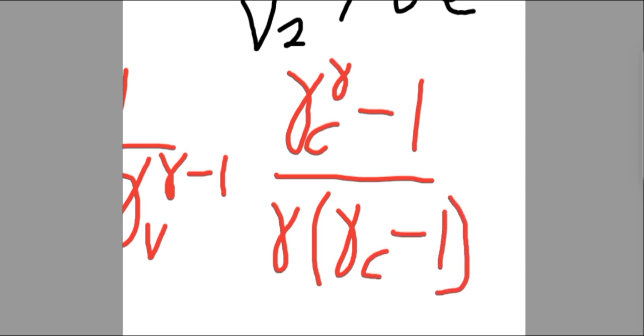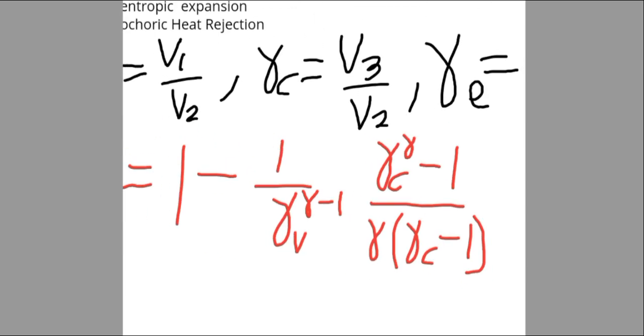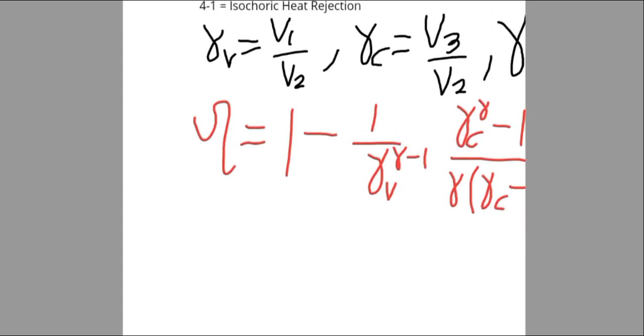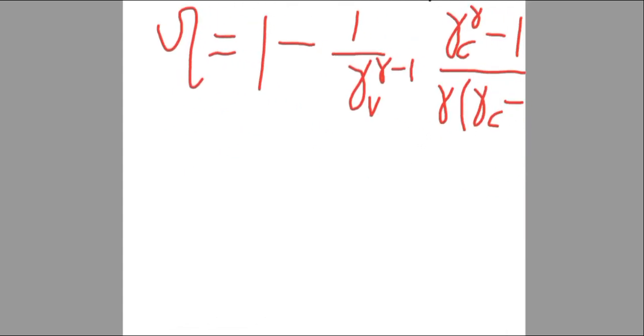So now this is the formula for thermal efficiency that is in this particular form, and it is still derived from the same formula which we used for our normal efficiency when deriving it for the Otto cycle.